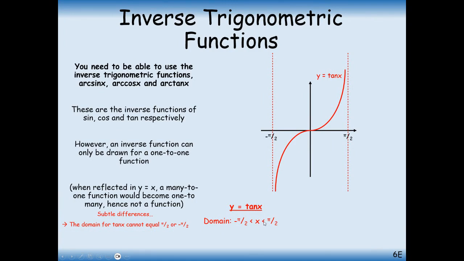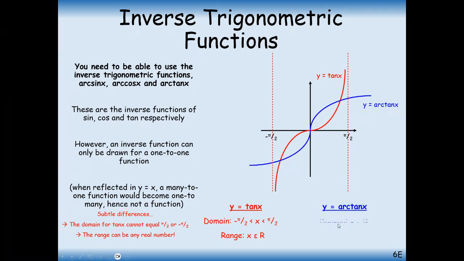Therefore, we have a strict inequality rather than equality. And the output, the range, is any real number. So the domain of the arctan is any real number, but the range is bounded between negative pi over 2 and positive pi over 2.